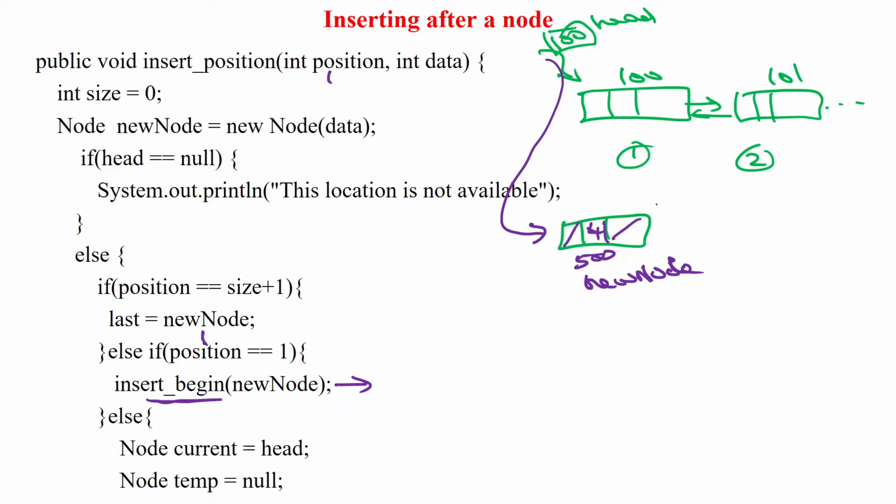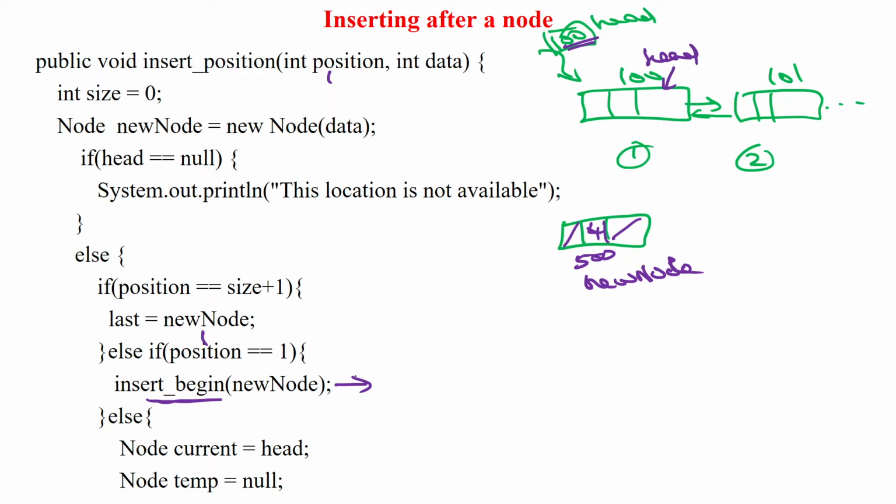This method has the code. First, the first node is the head now. The head has the value of 100. This is the head node.